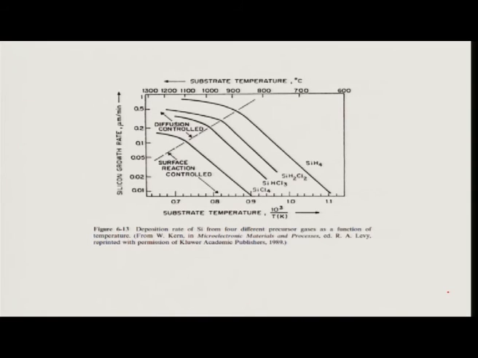If you look at this graph, the substrate temperature and the deposition of silicon from silane gas using different gases is shown. Now, in this region, this is a demarcation line of two different regimes. In this regime it is surface reaction control, which means mass transfer rate is very high.